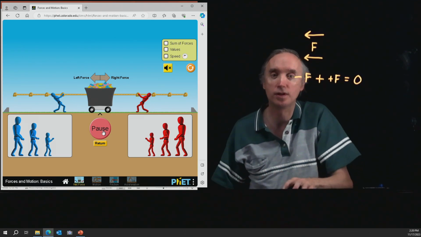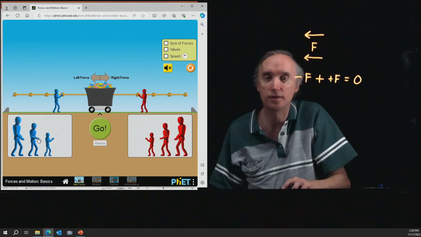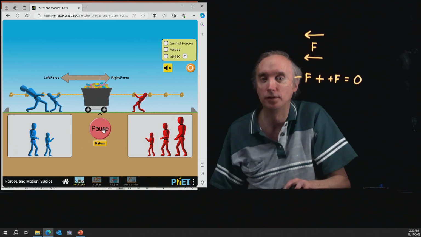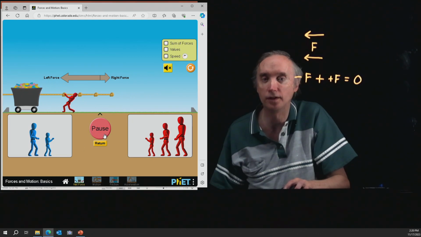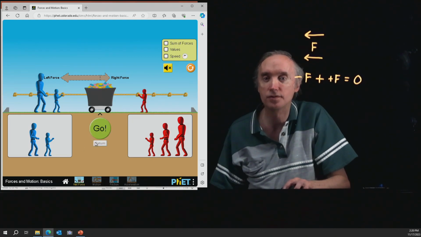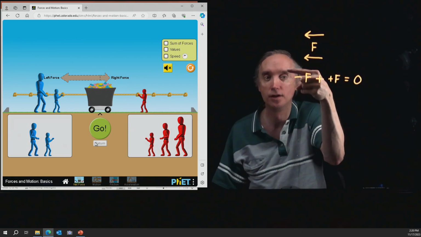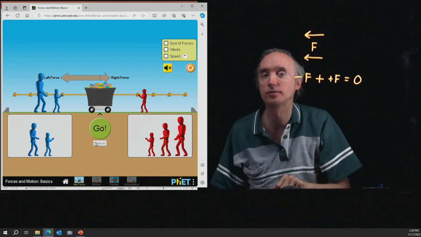Okay, and so now we could reset it, and this time if we put a big guy on this side, can you imagine what's going to happen? All right, and then hit the go button. All right, and you notice that it starts to go to the left again because there is a net force in that direction, so the motion is in that direction.